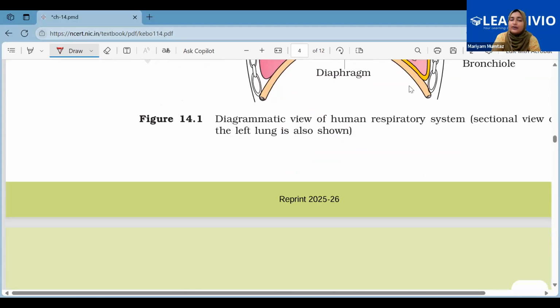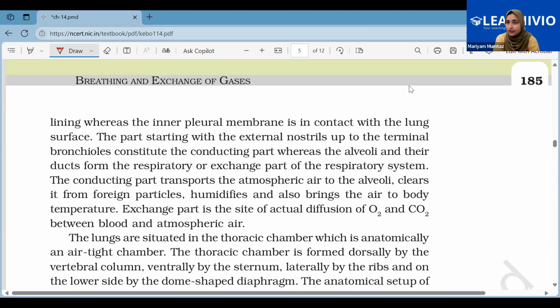Now see, the part where we start from the external nostrils up until the bronchioles, meaning up until before the alveoli part, is the conducting part, meaning it will direct the air inside.